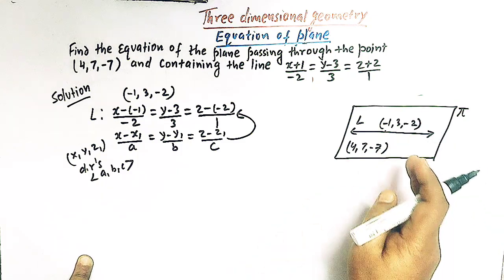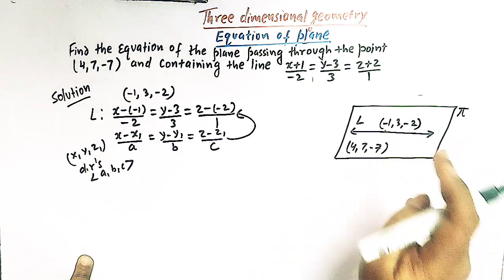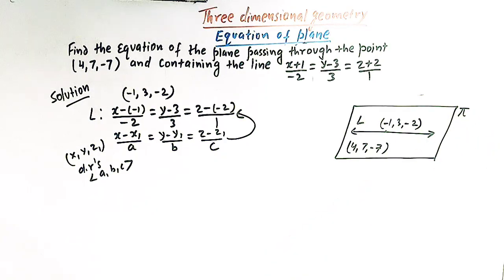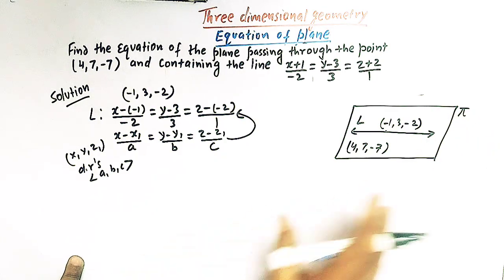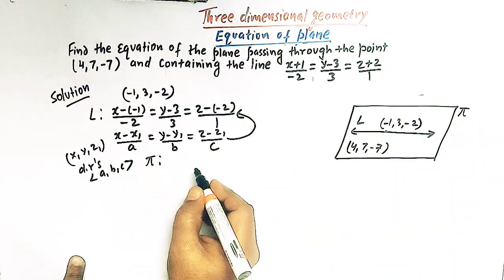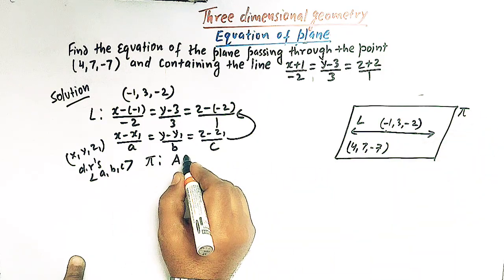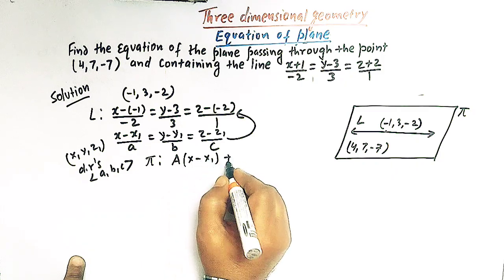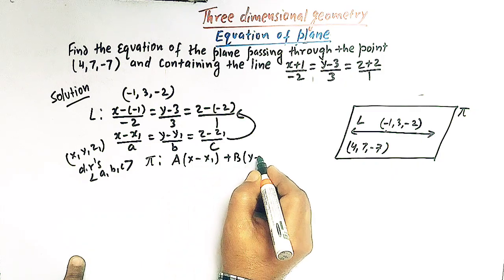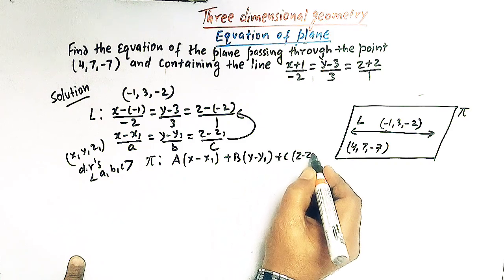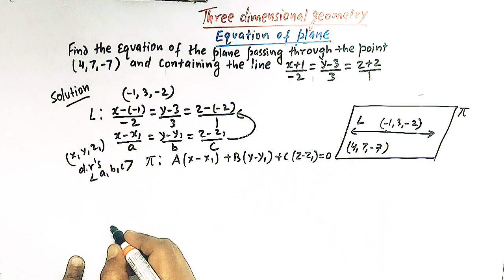So now we have 2 points lying on this plane pi. So now we can easily write the equation of the plane pi like this, that is A times (x - x1) plus B times (y - y1) plus C times (z - z1) is equal to 0.